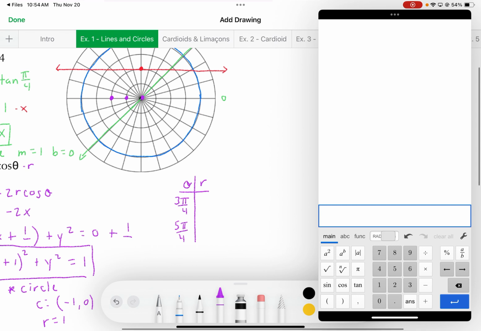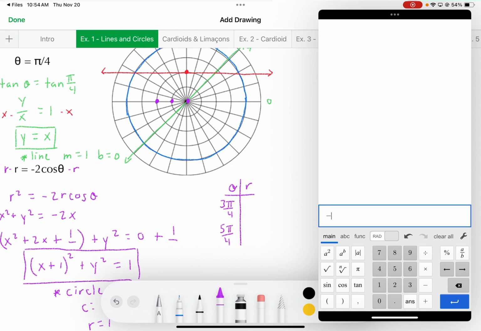Okay, so we pull out the calculator. I make sure I'm in radian mode here. So I'm going to do -2 cosine 3 pi over 4, and just get an approximation for that. Okay, it ends up just being radical 2, right?